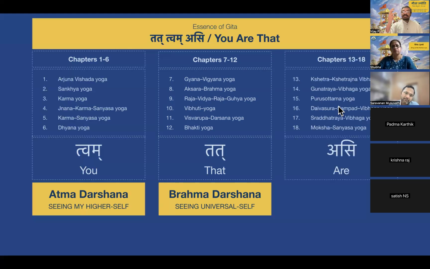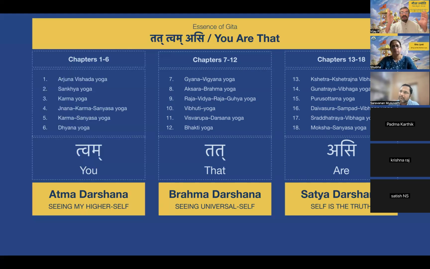And the last 6 chapters are all about essentially resolving any kind of a difference between the so-called me and that or the divine. So in a way, the only ultimate reality is self is the truth. The only reality is self.